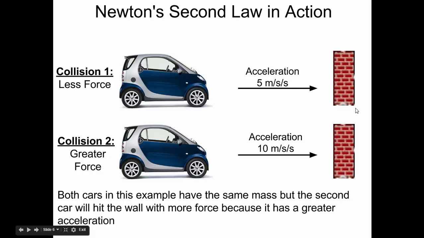So, in the collision with the wall, this car, which had the slower acceleration, hit the wall with less force than the car with the same amount of mass but the greater acceleration. So this car hit the wall with more force than the top car.